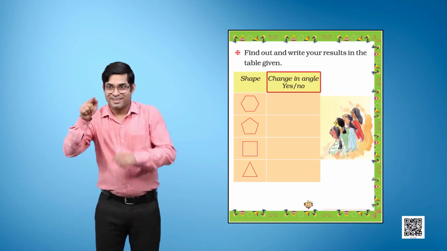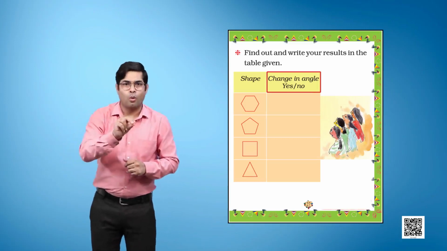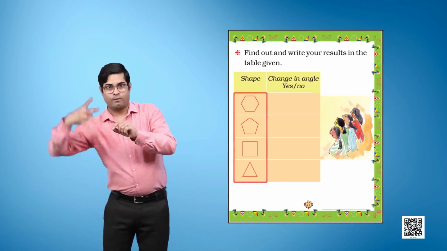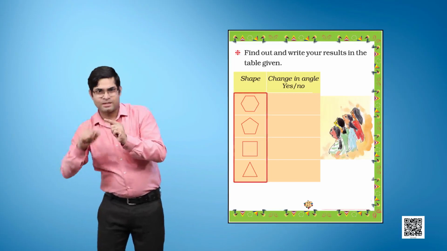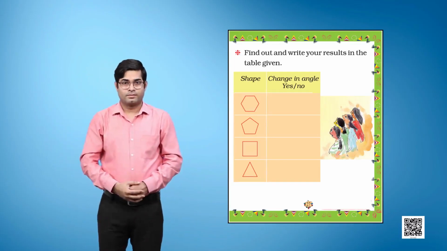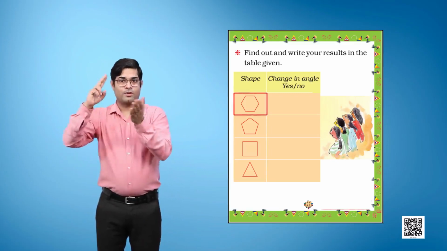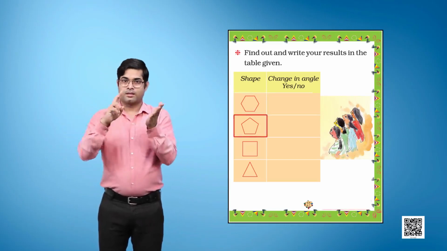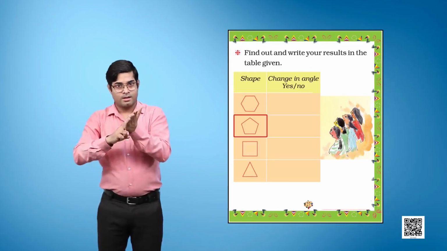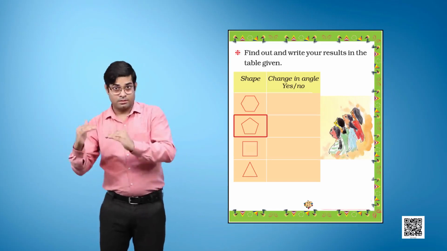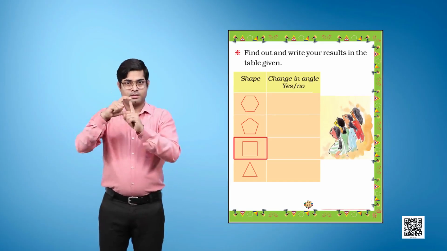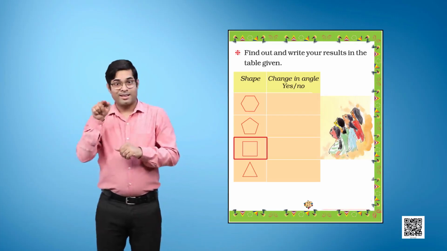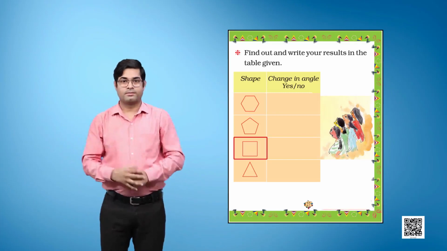Column 2 heading is Change in angle, yes or no. We have the different shapes mentioned in 4 rows below this: a hexagon, pentagon, quadrilateral, and a triangle.